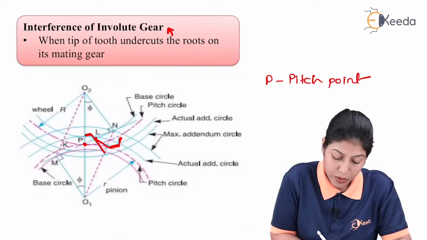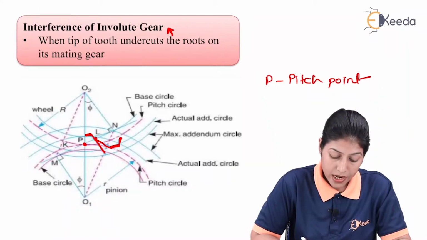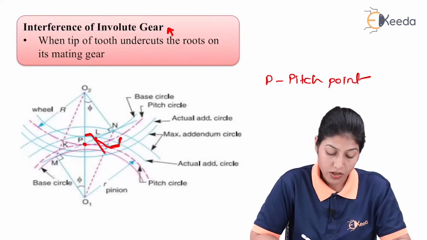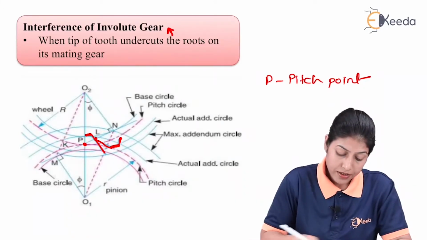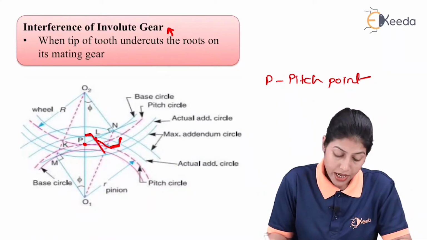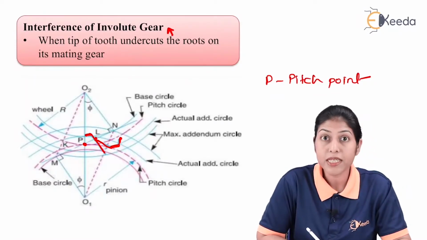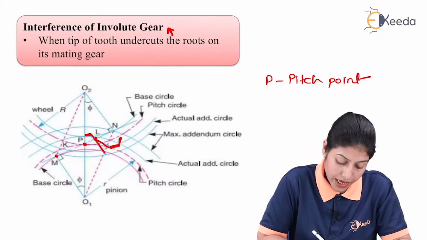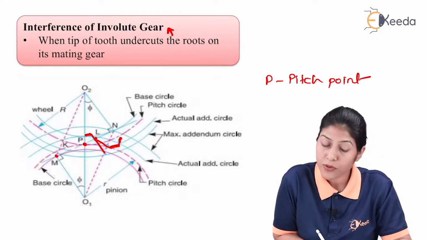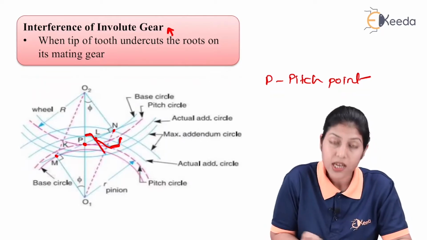At this particular contact point we draw a line perpendicular to the profile of the tooth, and this MN represents the normal at this point. This MN is also tangent to the base circles of the two gears. M is the point of tangency for the base circle of the pinion and N is the point of tangency for the base circle of the wheel.